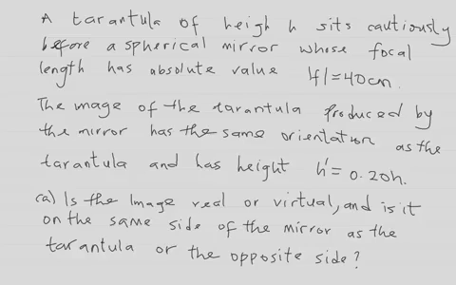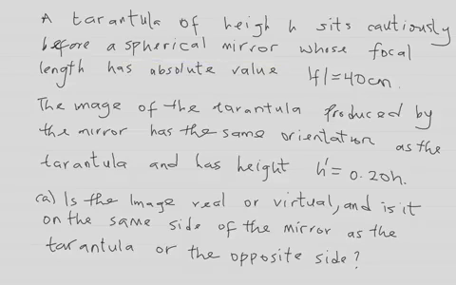Now let's look at this question. There are two questions, but the second one we will see later. A tarantula of height 8, so that's the object height, sits cautiously before a spherical mirror. They didn't tell us whether the mirror is concave or convex.